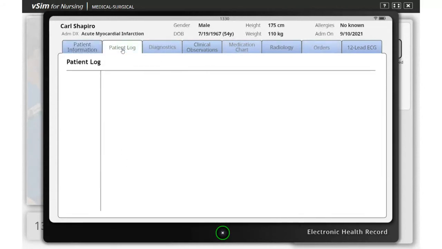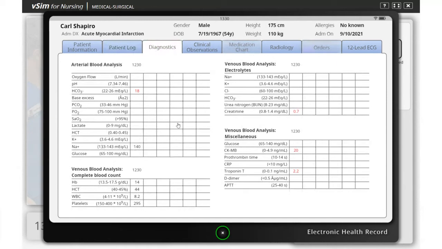And then what you can do is navigate all of the different tabs that are available within the electronic health record. You can see we've got some pertinent information because the tabs on the health record are blinking. And what you can see here is that we have been provided some of the blood analysis.